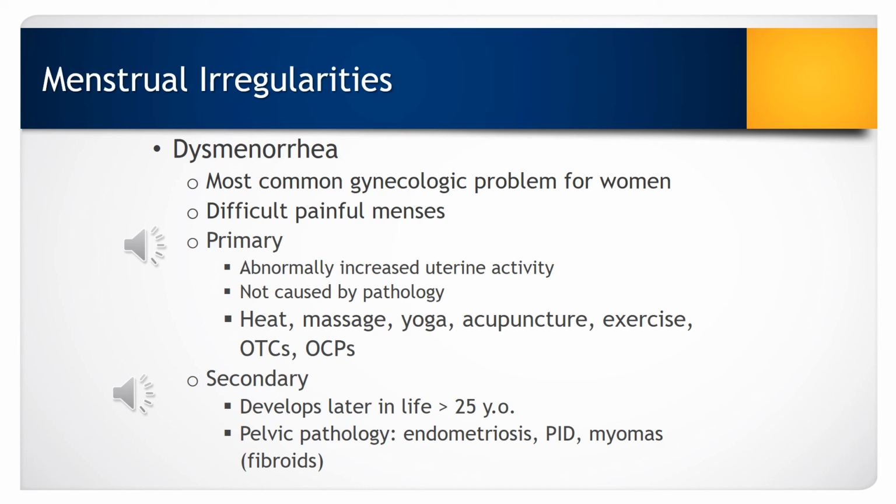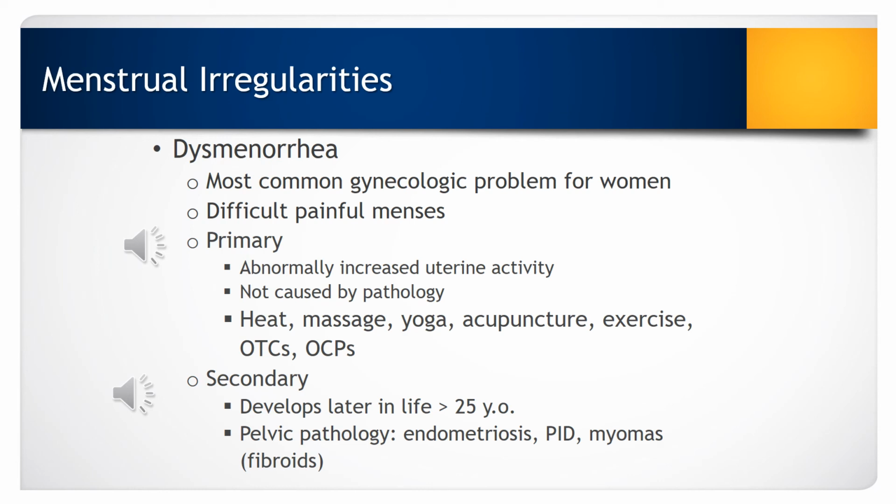So it can cause a problem with work or school because of the pain. So primary dysmenorrhea is not caused by any type of pathology. It is simply that some women have an overproduction of this prostaglandin, which is a stimulant that causes painful cramping.